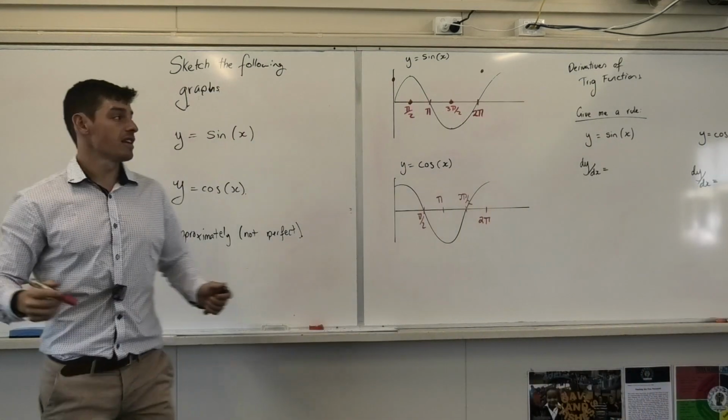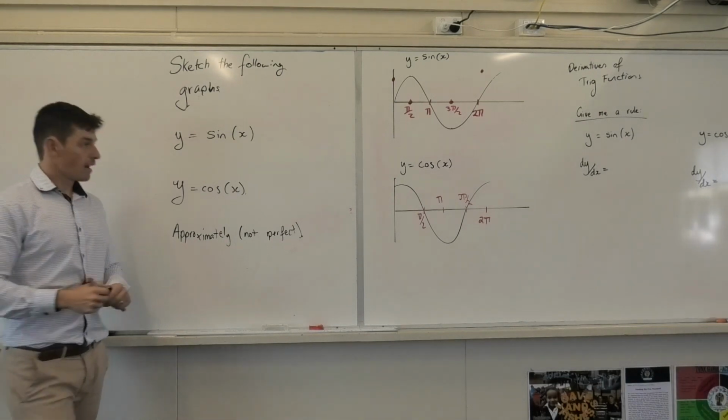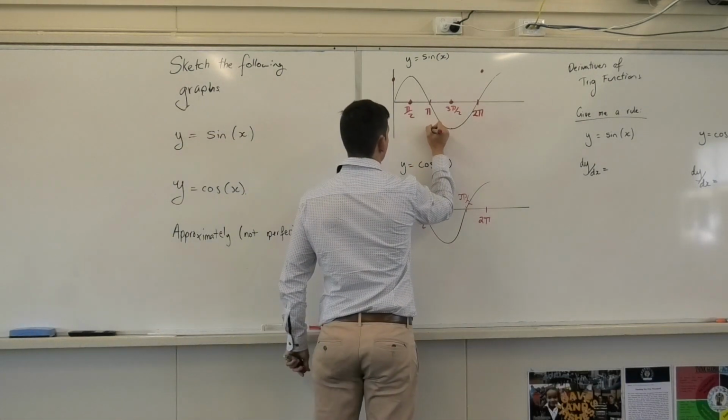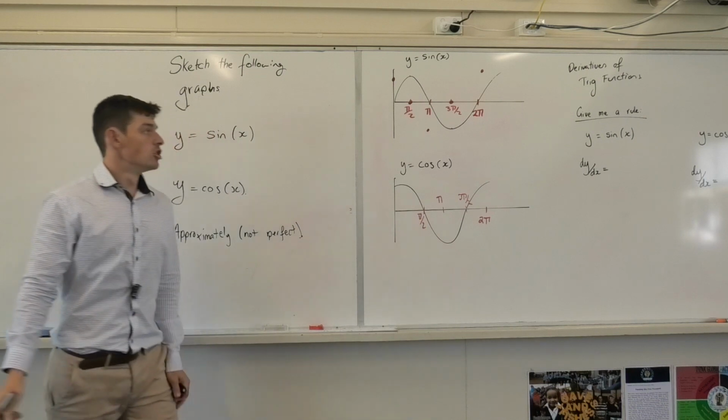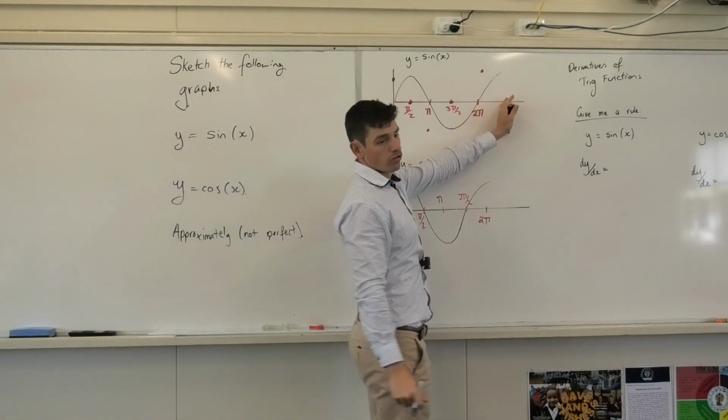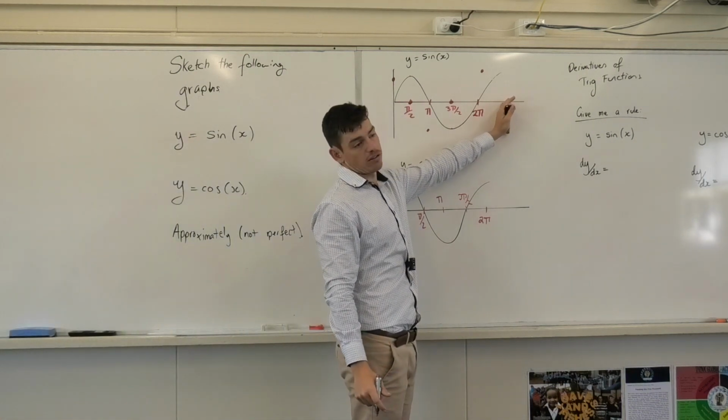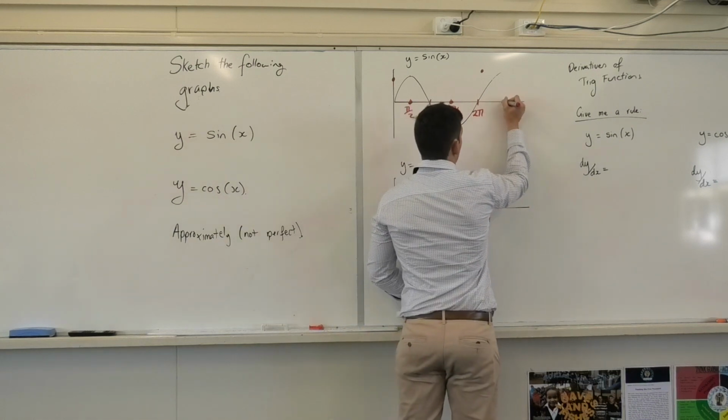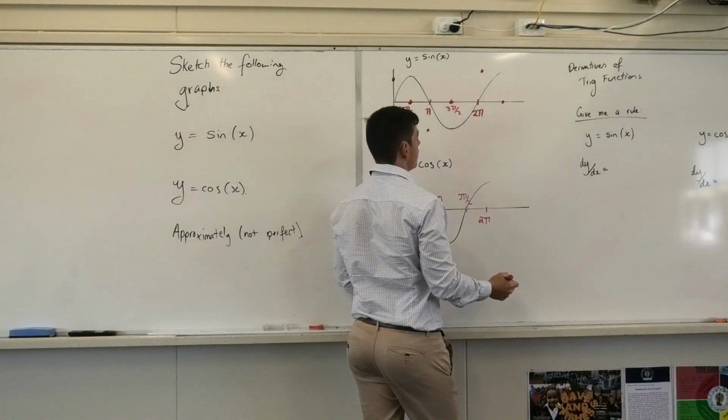So Ryan, where's the most negative gradient occur? At pi, very good. Where else do you reckon? So what do you think would happen at 5 pi on 2? Just have a guess. 0 again? What about at 3 pi? Okay.